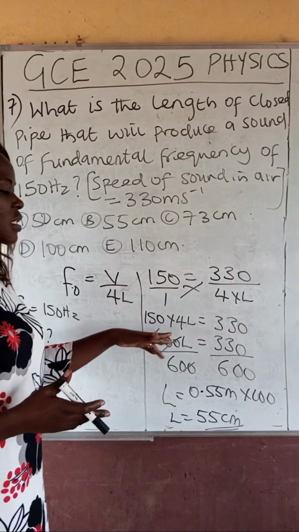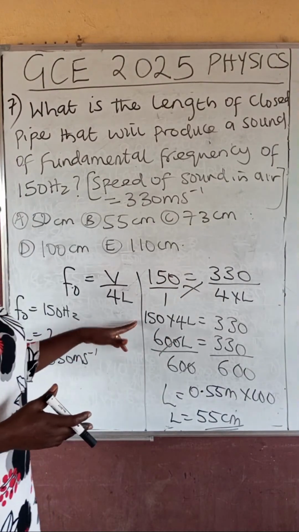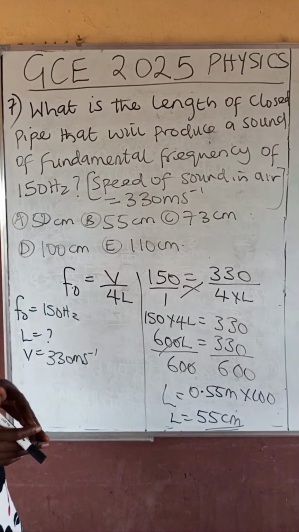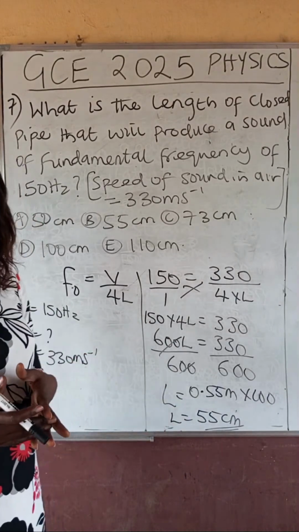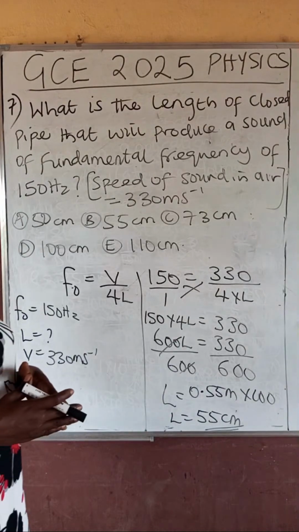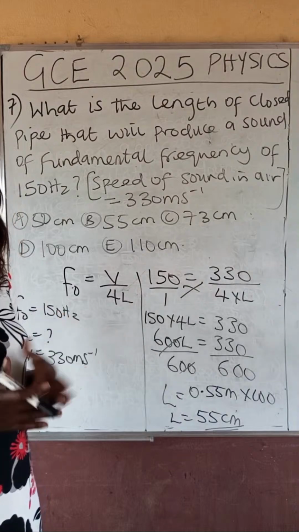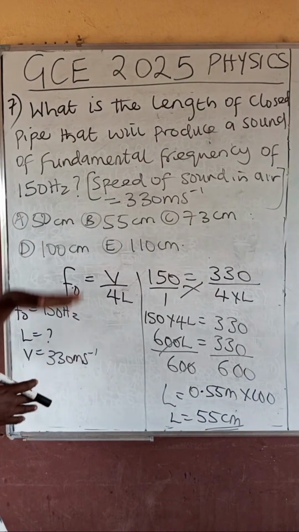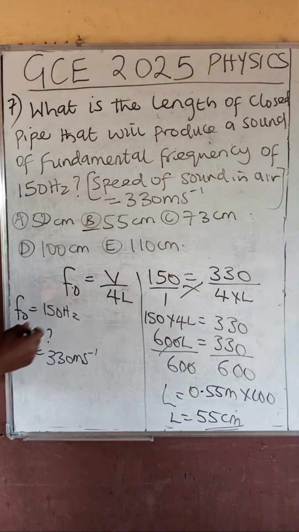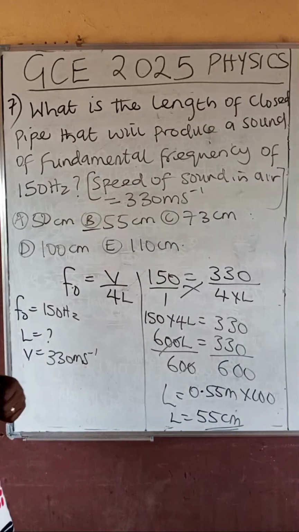Then we cross multiply and make L the subject, and our answer becomes 0.55 meters. Because I want the answer in centimeters, I multiply by 100, and my answer is 55 centimeters. And the answer to this question is B. Is that clear? Right.